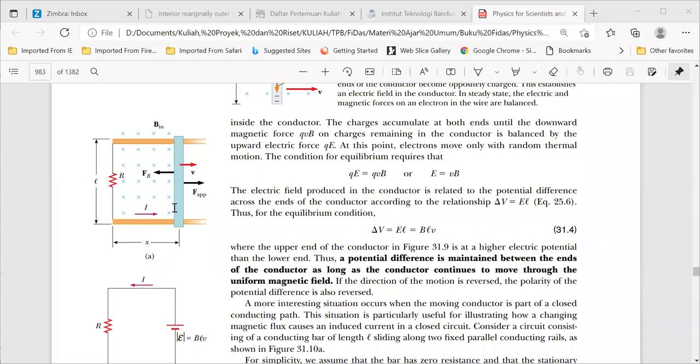On the left picture, if you pull this green bar to the right, a force will be exerted on this bar which is opposite to our applied force.